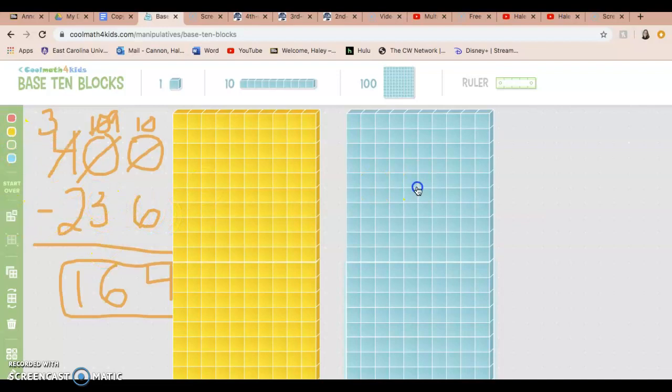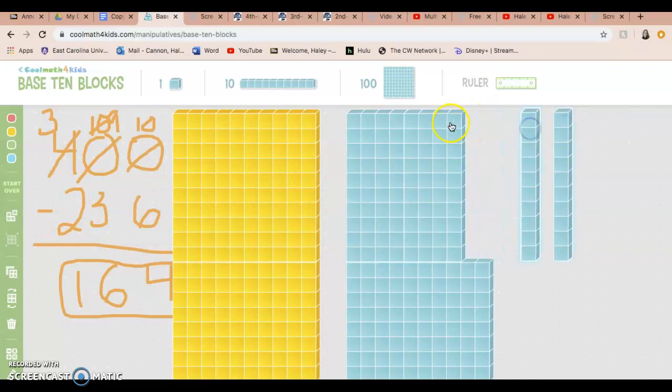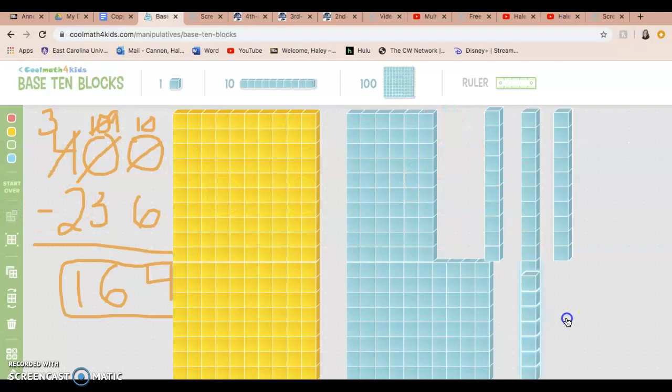So we need to take away 1, 2, 3, so that's 30, and then 1, 2, 3, 4, 5, 6.